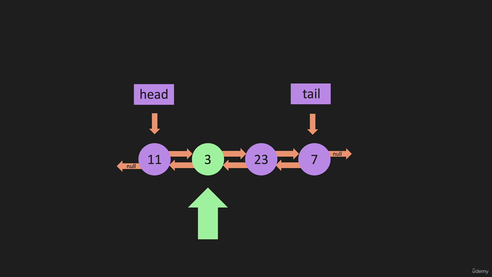Then we would return that node. But what if we wanted to get this node? The quickest way to get there wouldn't be to start at the head. It would be to start at the tail and go this way. And that's going to be the difference when we use a doubly linked list, is we can use this efficiency.